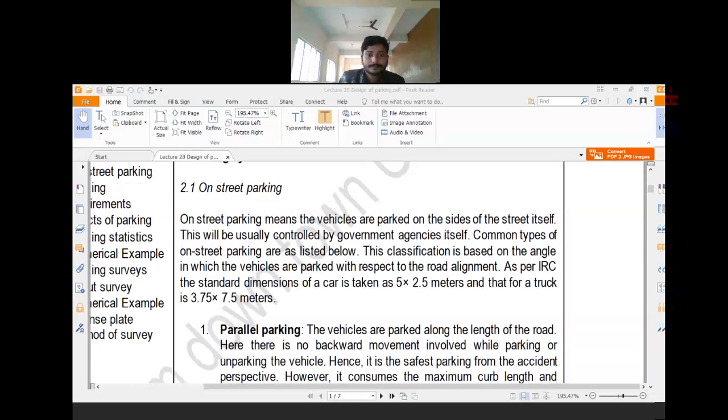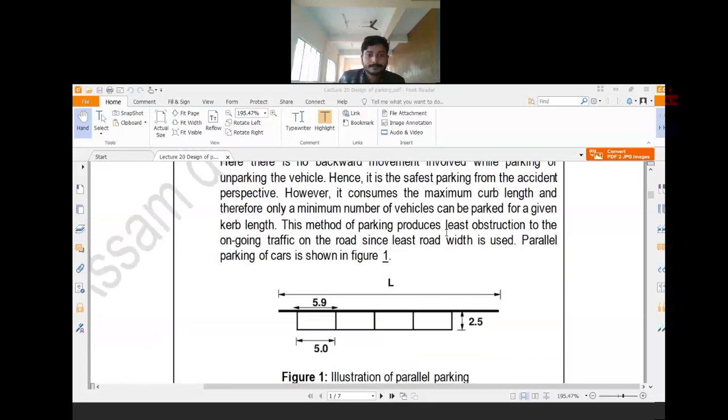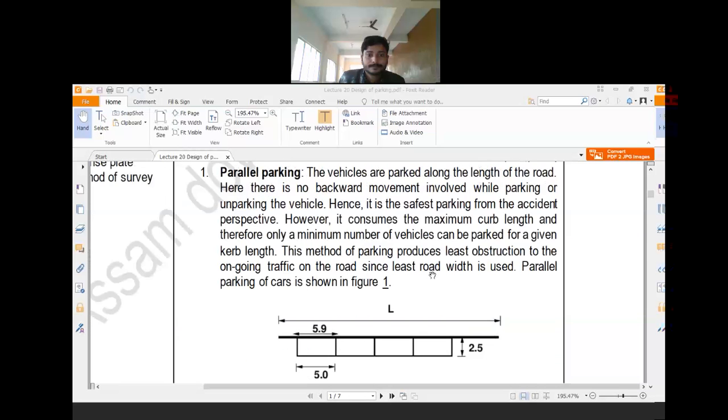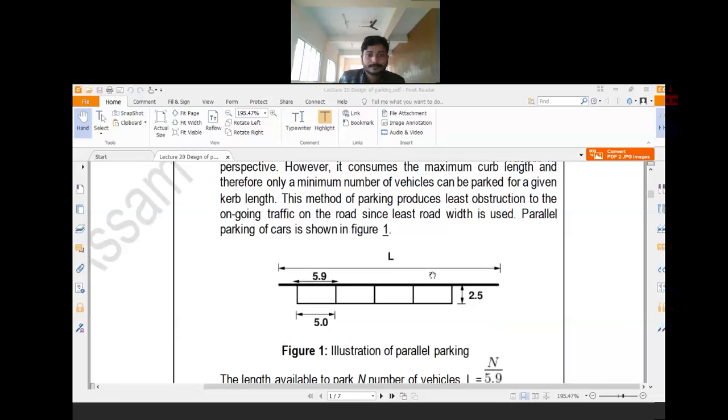Now, there are different types of on-street parking depending on how the vehicles are parked. The first one is parallel parking. Parallel parking is, suppose this is the road section, vehicles are parked this way, parallel to the road length. This is called parallel parking.